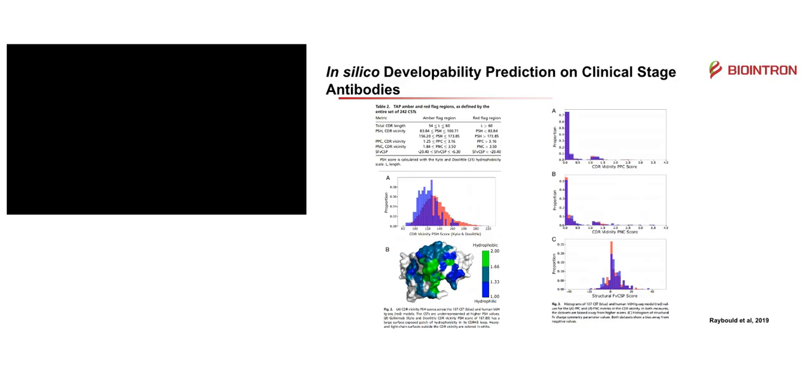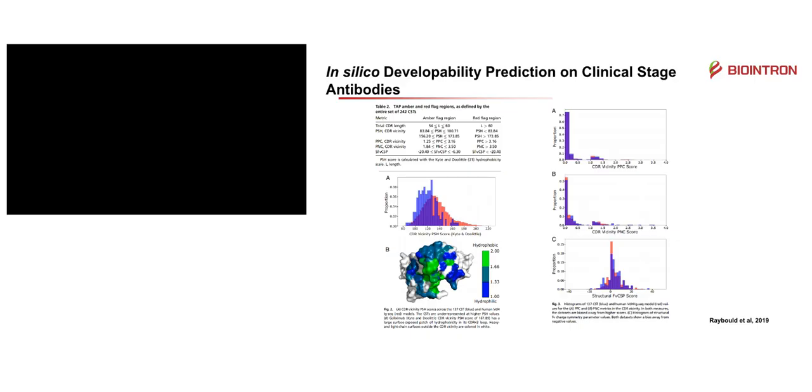The other is called clinical stage antibodies, and they found that in the group of clinical stage antibodies, clinical stage therapeutics, which is called CST, they are more converged in terms of several characteristics, including the hydrophobic surface, positive charge surface, and negative charge surface, even the CDR length.